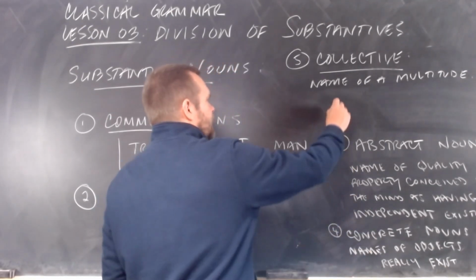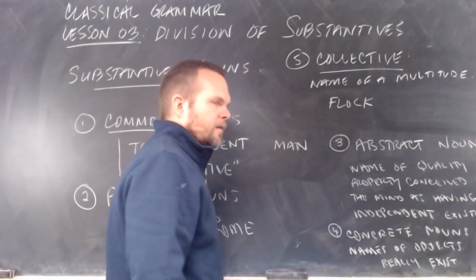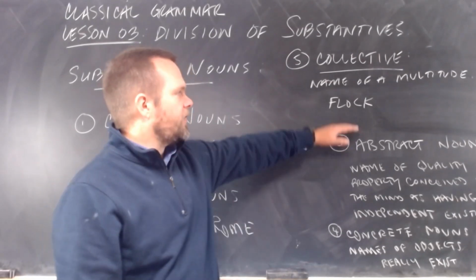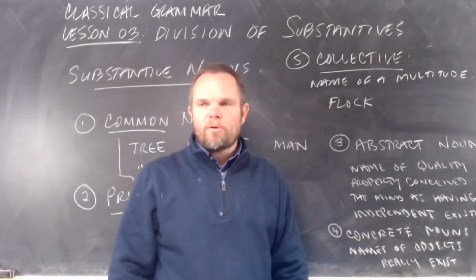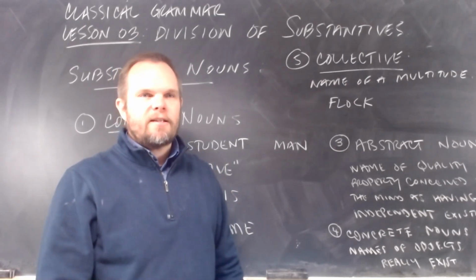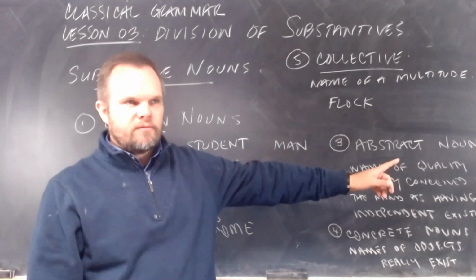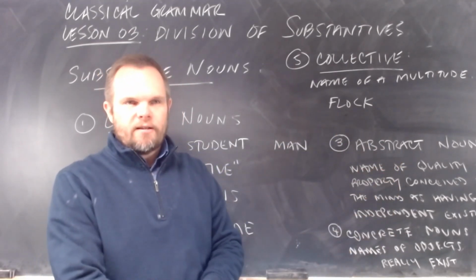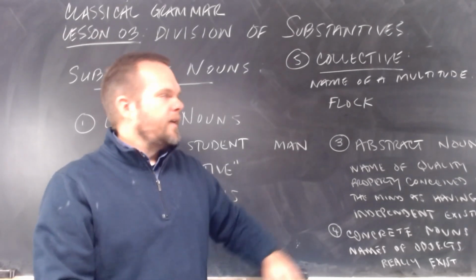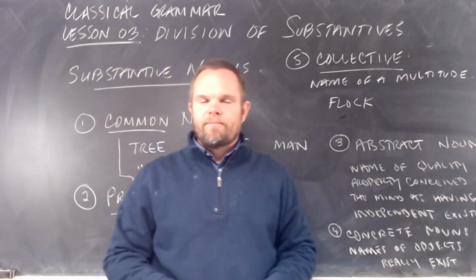If I said the farmer has a flock of chickens, is flock singular or plural? Flock. It's singular, but it refers to a multitude. You understand that? Because it's collective. It's a singular noun that refers to a multitude.